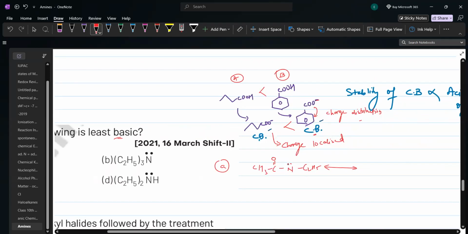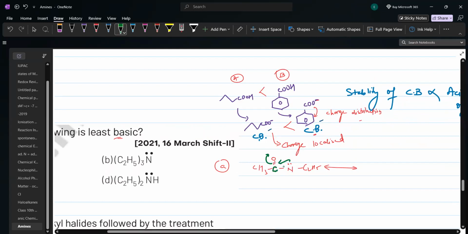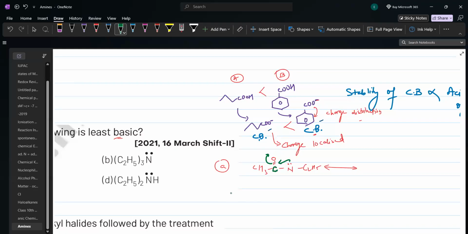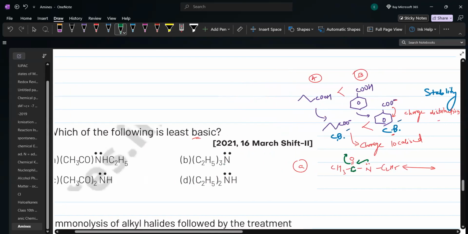Without making its conjugate base, we can compare that this lone pair is resonating, right? It is involved in the resonance. Yes or no? Yes, sir. This carbon is sp2 hybridized, so resonance is taking place here. In this one, there is no resonance because we have an sp3 hybridized carbon.